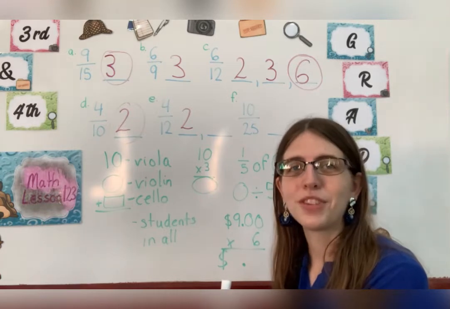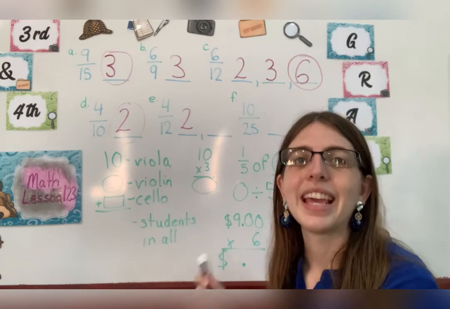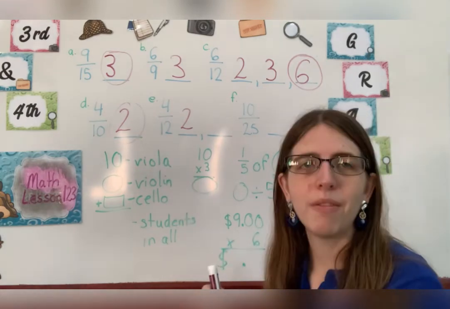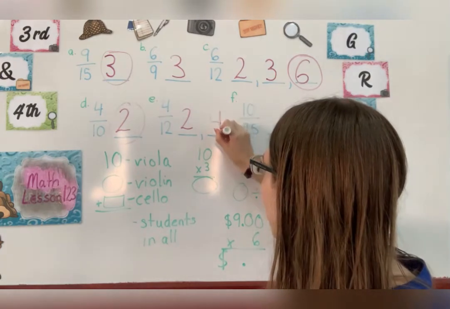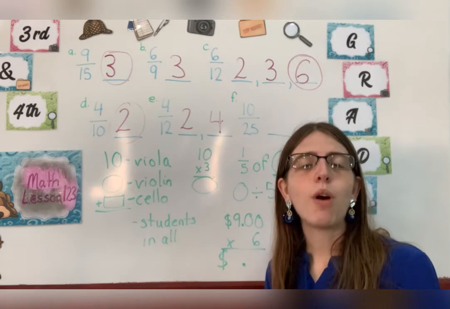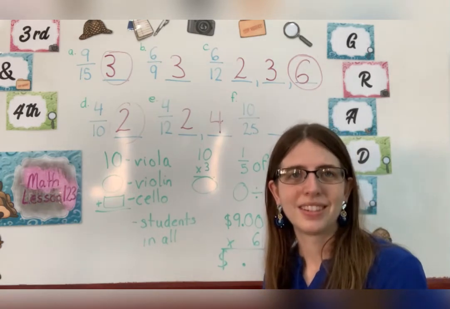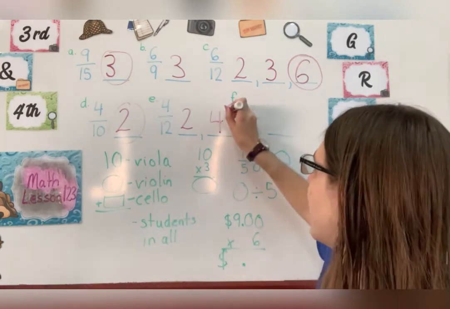No, so I have to move to the next number, 4. Can I divide 4 by 4? Yes. Can I divide 12 by 4? Yes. So 4 is my last option. Okay, which one will I use to reduce? The más grande, so that would be the 4.